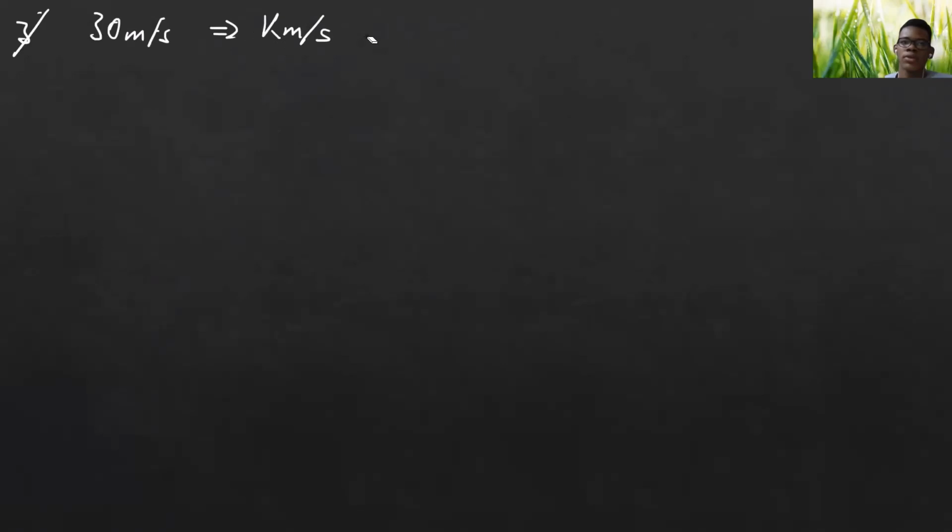Usually you want to stick to the high units, because meters and seconds are usually the smaller units of measurement for time and distance, while kilometers and hours are higher units for distance and time as well, right? Time in hours is a larger quantity than it is in seconds.